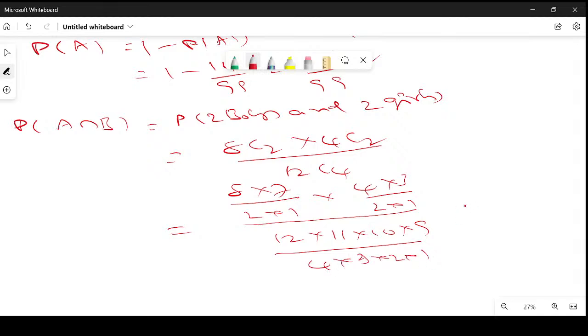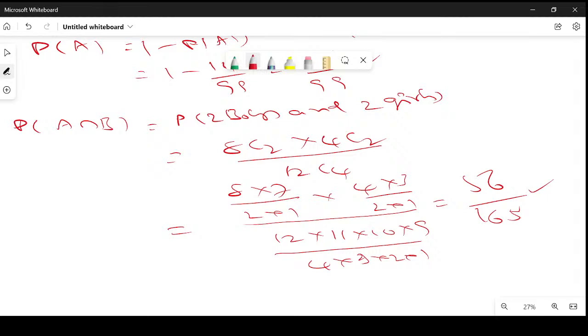You should simplify this. If you simplify, the final result comes 56 by 165. Everything you can calculate, I can save the time.